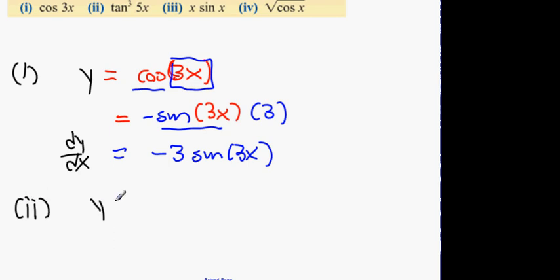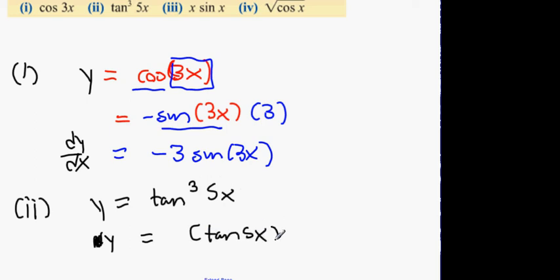Okay? Y equals tan to the power of 3 5x. Now dy dx, I'm going to rewrite this, okay? Actually, just leave it as y for the time being. I'm going to write it as tan 5x to the power of 3. You've got to remember, how does the chain rule work again?